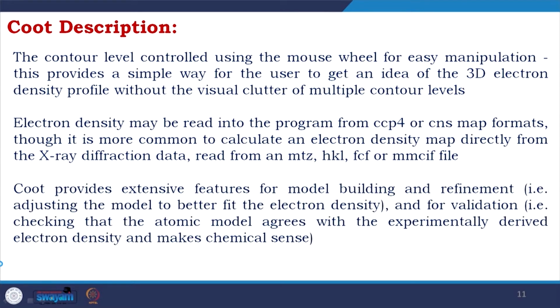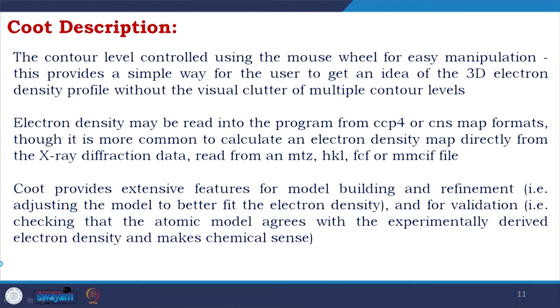COOT provides extensive features for model building and refinement, adjusting the model to better fit the electron density. Like you have the electron density, you are developing the model manually. Now, when you work manually, you make mistakes. The mistakes could be corrected because COOT has the library. So, when you do the refinement, I have talked about this, basically this is energy minimization.